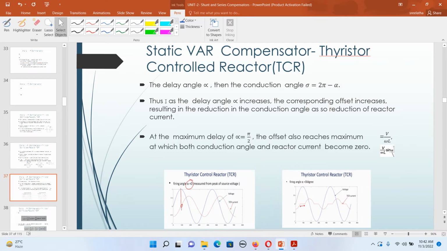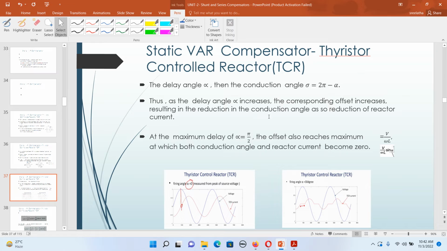Thus, as the delay angle alpha increases, the corresponding offset increases, resulting in a reduction of the conduction angle. So if you delay turning on for so long, your conduction period will be very short, right? If your firing angle is very low, then your conduction period will be high, right? So same thing. That is what it says.